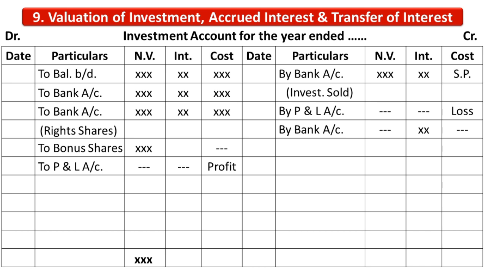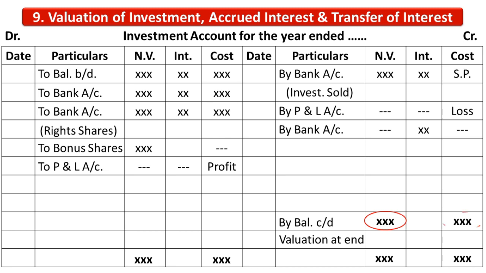Then we'll write it on the credit side, and we'll find out the balancing figure by balance carried down in case of nominal value column. At the same time, we'll take the total of the cost column of investment account, write it on the credit side, and find out the closing cost of the investment.